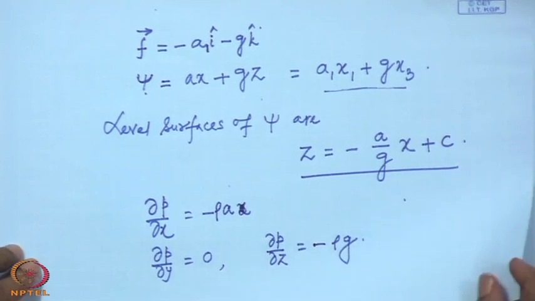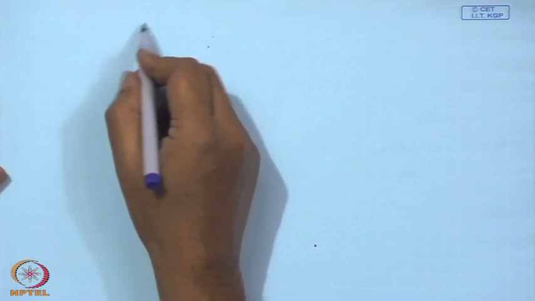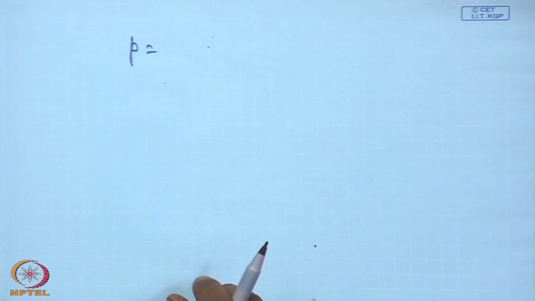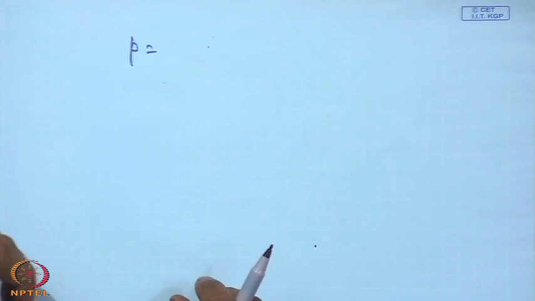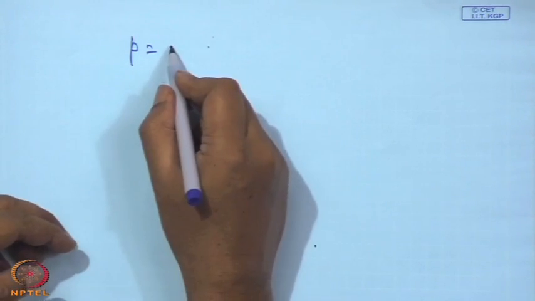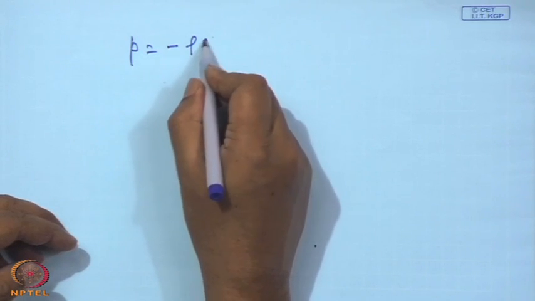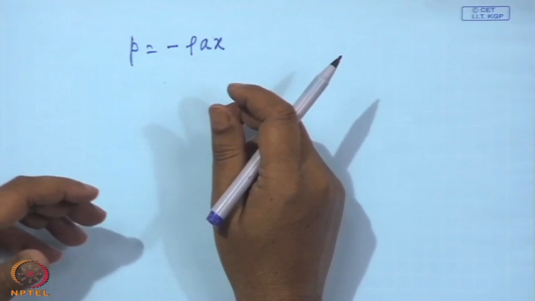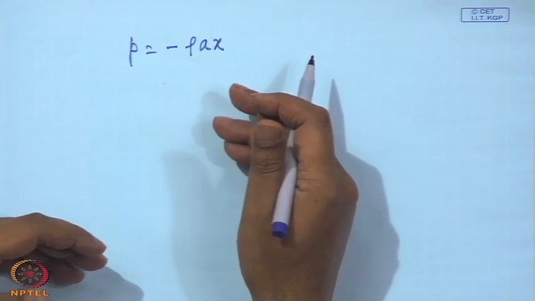Let us integrate all three equations. The first equation gives on integration p equal to minus rho A x plus another function of y, z.